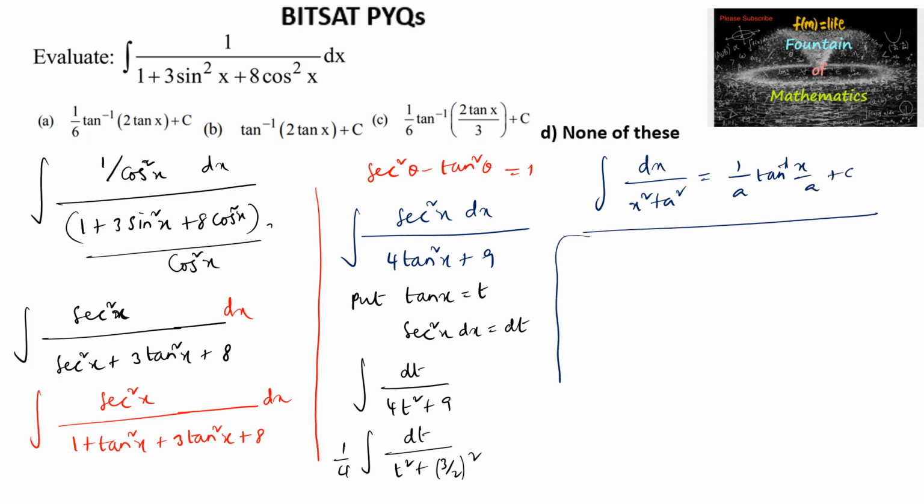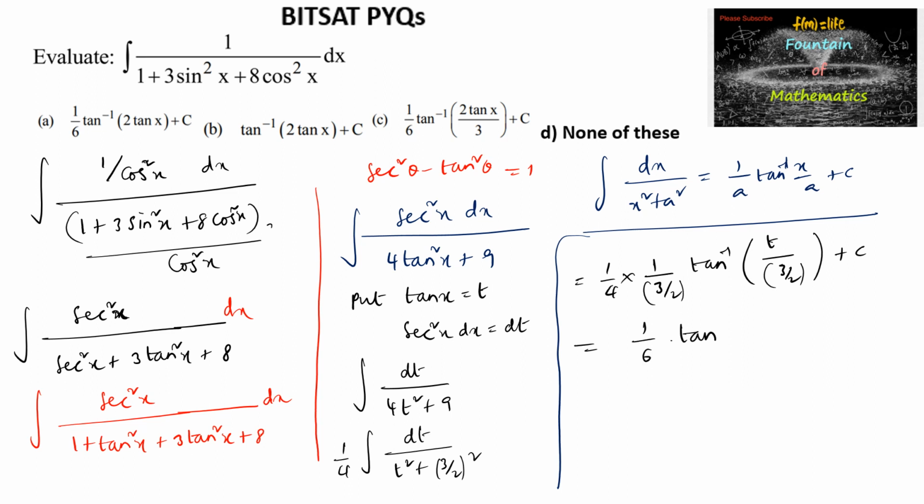So here we can write 1 upon 4 into 1 upon a, that is 1 by 3 by 2, tan inverse of t divided by 3 by 2, plus c. Or we can write 1 upon 6 times tan inverse of 2 into t, where t value is tan x, upon 3, plus c. So which is option C.